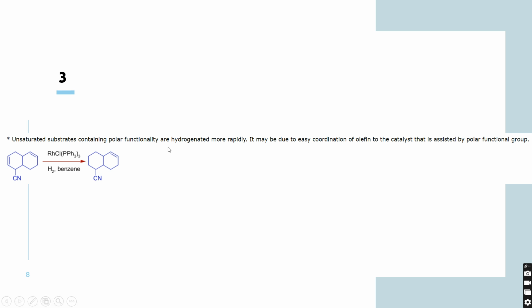Here it is written: unsaturated substrates containing polar functionality are hydrogenated more rapidly. It may be due to easy coordination of the olefin to the catalyst, assisted by the polar functional group. Since we have a polar substituent on the left side ring, this is why the left side double bond is more readily reduced.